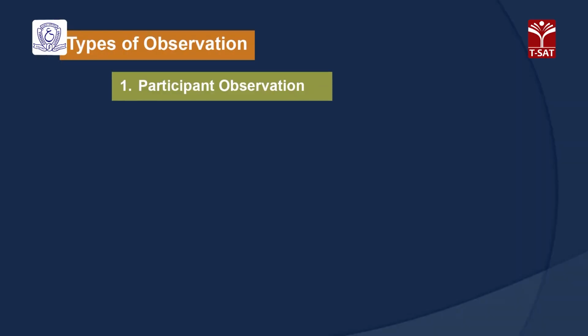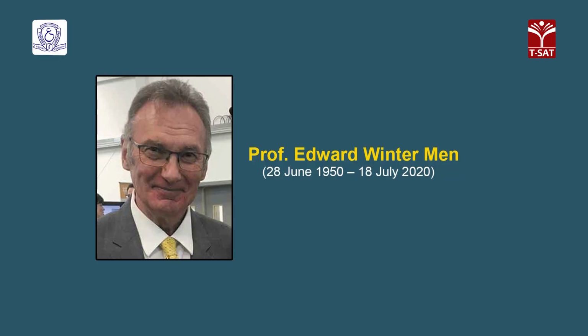Now, we will understand the different types of observation. The first one is participant observation. Participant observation is one of the most common methods for qualitative data collection, and it was introduced by Professor Edward Winterman. It is also one of the most demanding techniques of data collection.